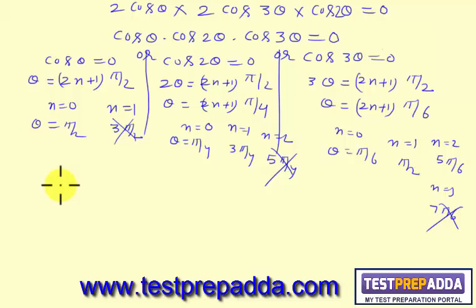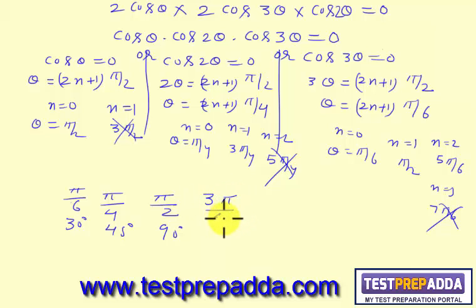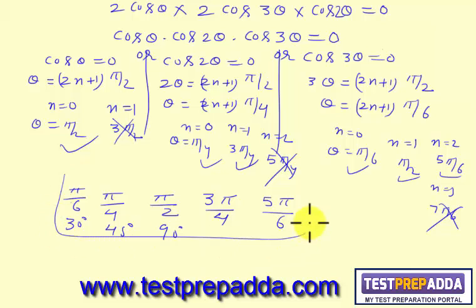So different solutions here are pi by 6, which is 30 degree, pi by 4, which is 45 degree, then pi by 2, which is 90 degree, then 3 pi by 4, and then 5 pi by 6. 1, 2, 3, 4, 5. So these are the solutions.